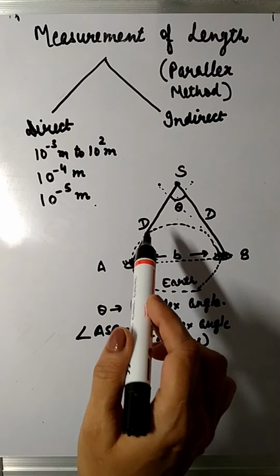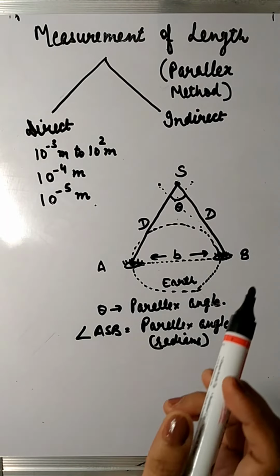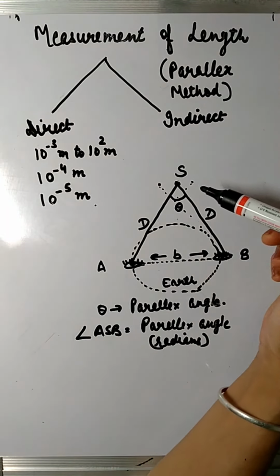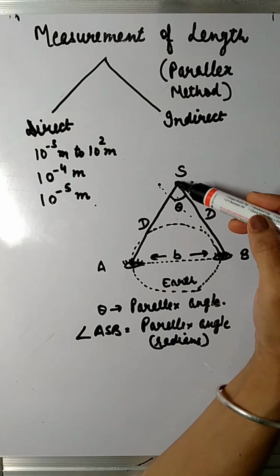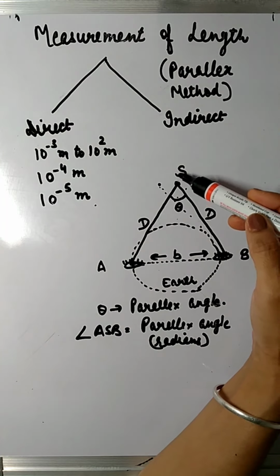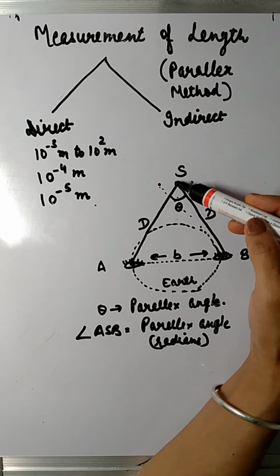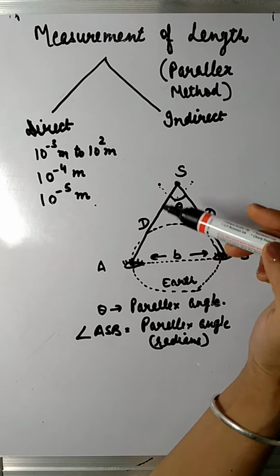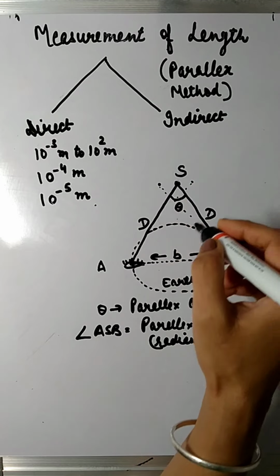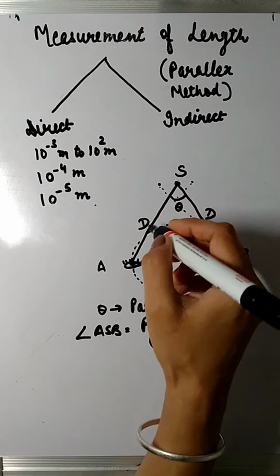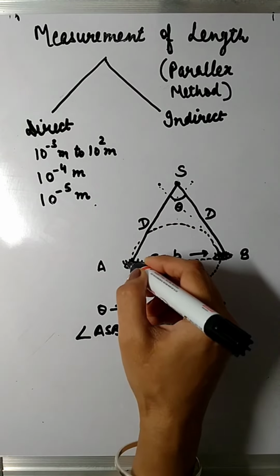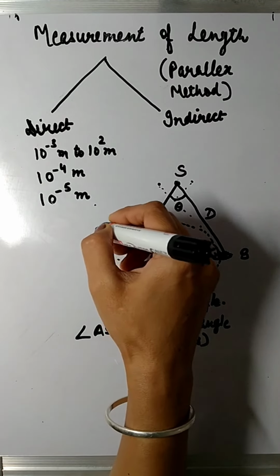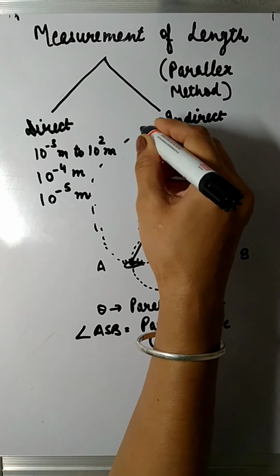Now to calculate d, we make another assumption. The assumption is that this planet S is in the center of a circle. Then this distance becomes the radius of the circle. Let me draw it: if this is the center of a circle with radius d, then the circle will be something like this.